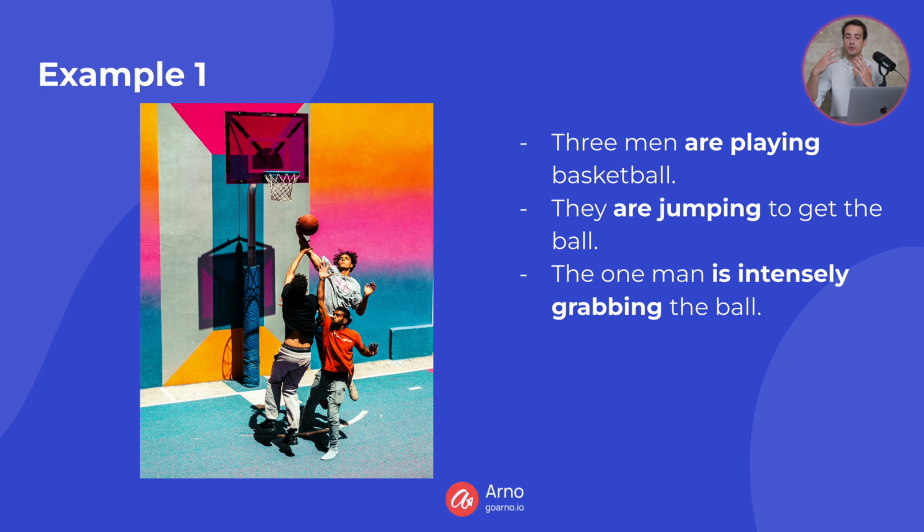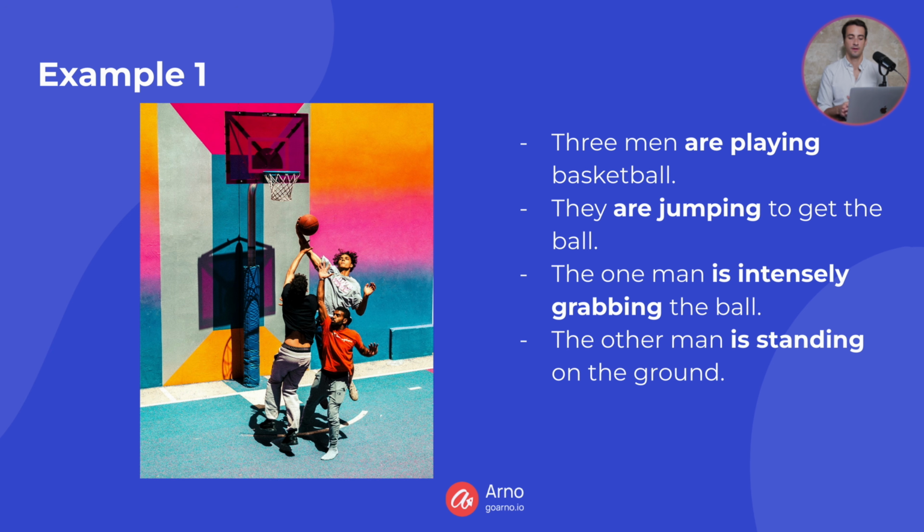So when you want to add an adverb to modify the verb, you put the adverb in between the present simple of to be and your present participle. In other words, the adverb goes in the same location as not. Important to remember that. The other man is standing on the ground.